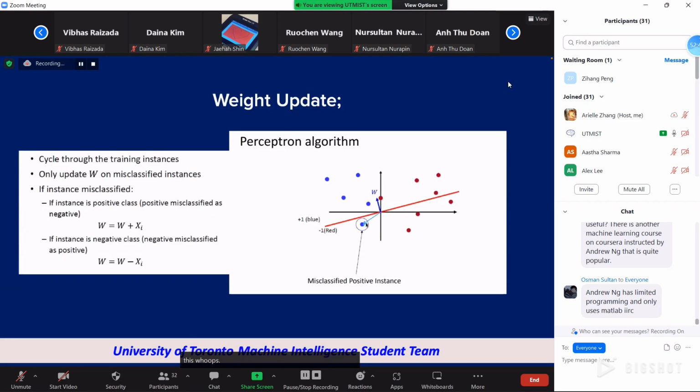Cool. So is it still there? Yeah. So that's the direction vector of the blue dots. And as we see, the current W was over here, and it's perpendicular to the red decision boundary. So how do we add it?